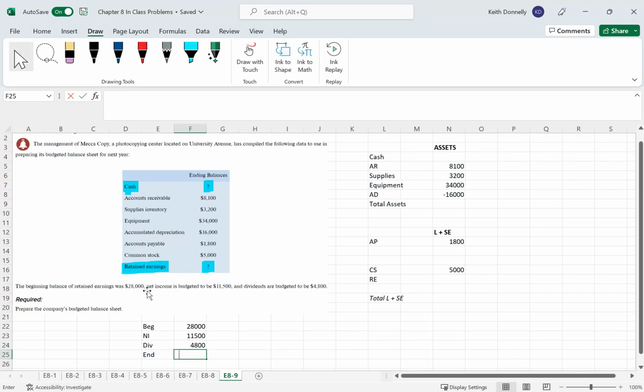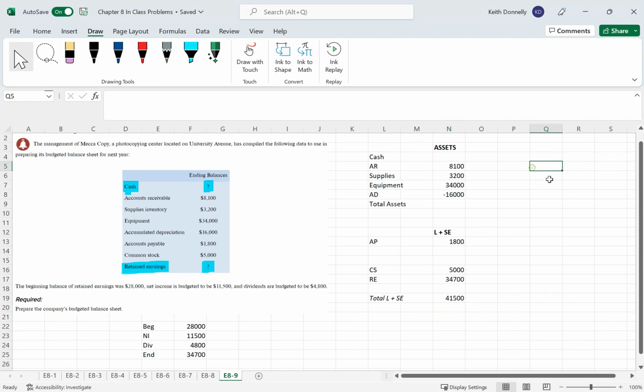So we'll do beginning plus net income minus our dividends. That's going to get us ending retained earnings of $34,700. So our total liabilities and stockholders' equity is going to have to equal those three guys of $41,500.